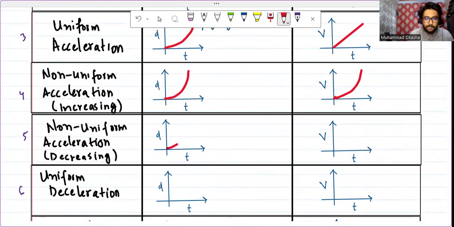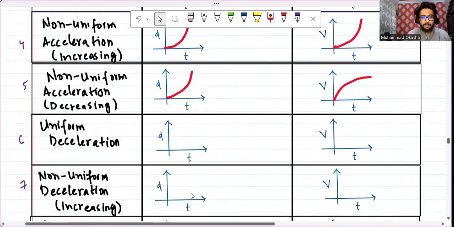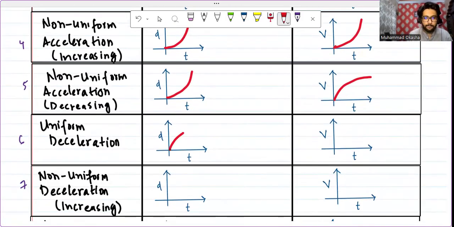Decreasing uniform acceleration, again, is like this for a distance time graph, and for a speed time graph it looks like this. Uniform deceleration looks like this on a distance time graph, while on a speed time graph it is a straight line with a negative slope.